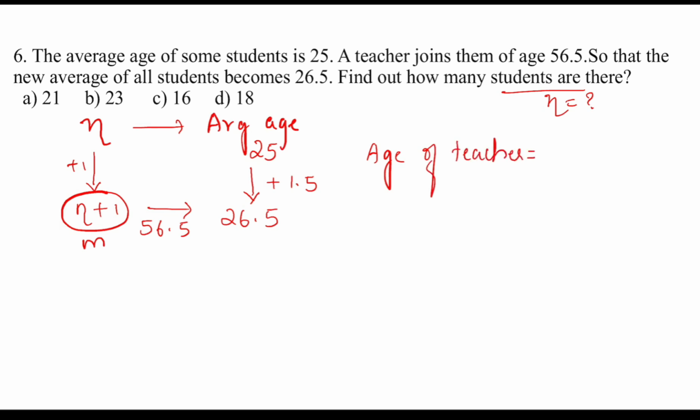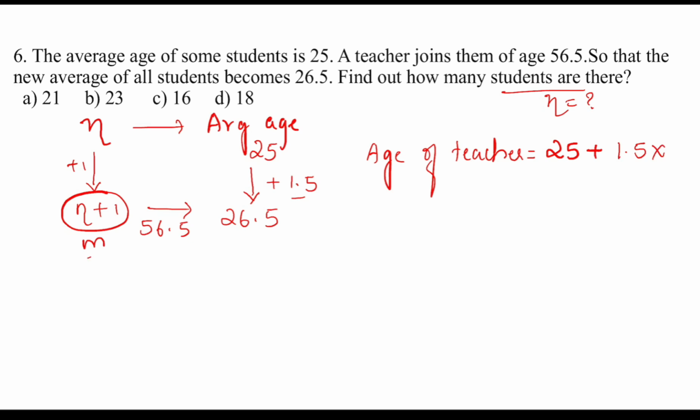is equal to, since the average is increasing, the age of the teacher is always more than the old average. The old average is 25, plus it is increasing by 1.5 into the number of new entities.